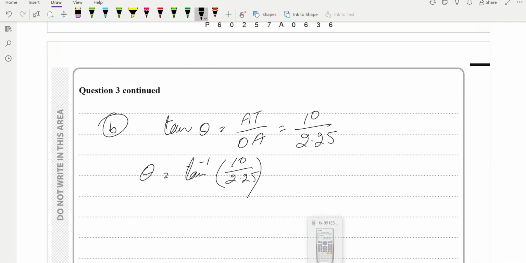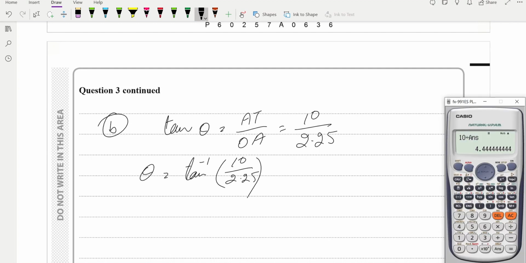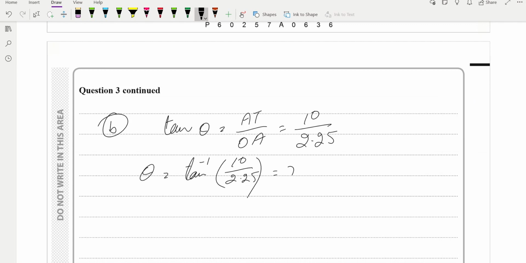So directly we will be finding tan inverse, so we can write shift tan of 10 over 2.25 and close the bracket, and this will be giving us 77.32, and this will be in degrees.